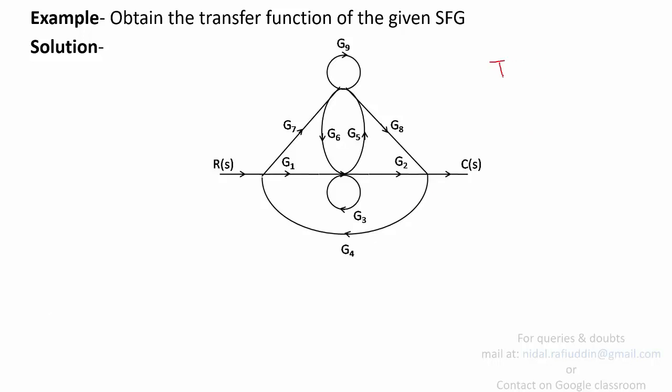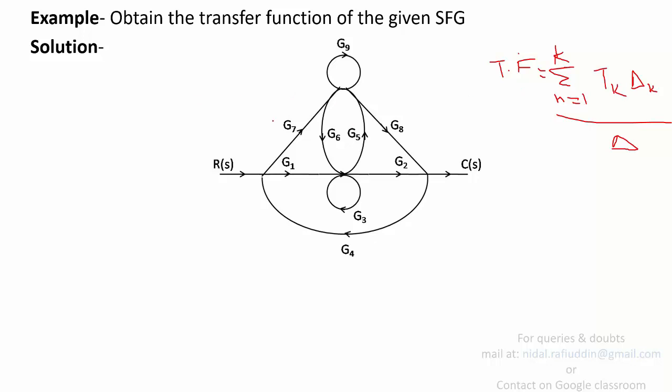So the transfer function was given by the expression summation k from 1 to n, Tk delta k upon delta. Here n was the number of forward paths in the SFG, while Tk is the gain of the kth forward path, and delta was obtained by a formula that we studied yesterday. So we'll try to use the same formula today again.